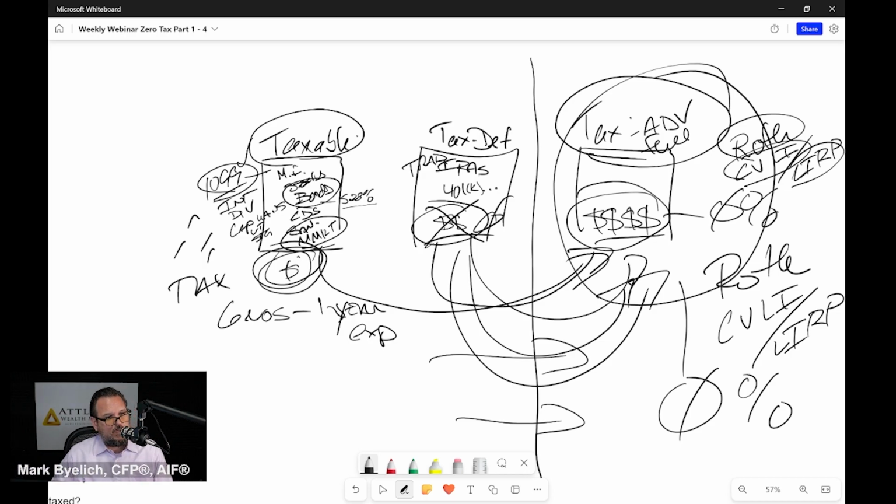I've heard Ed say it a million times, but he says, move things from forever taxed to never taxed. I like to say forever taxed and never taxed again. But he said something, and again, I've heard it, but it just clicked when he was here live for us.